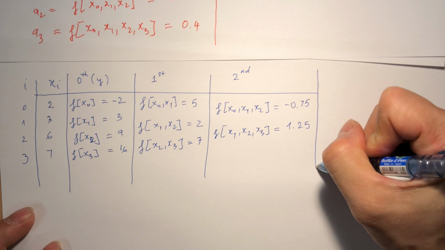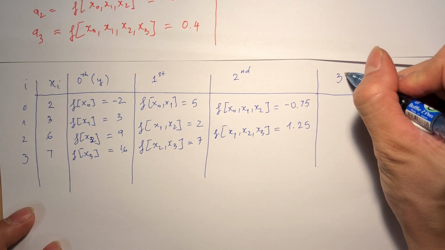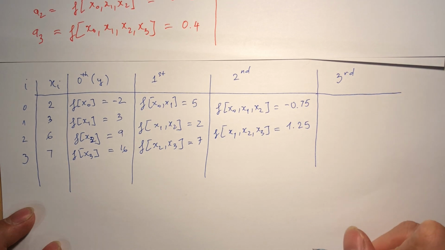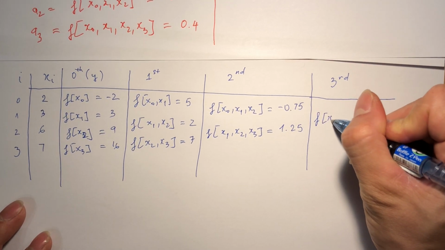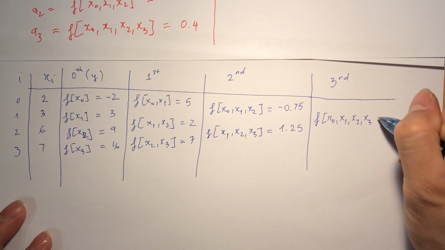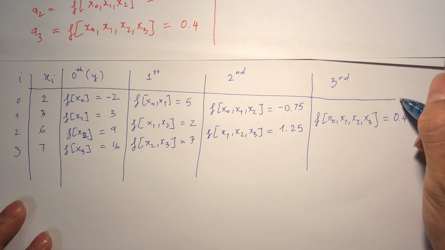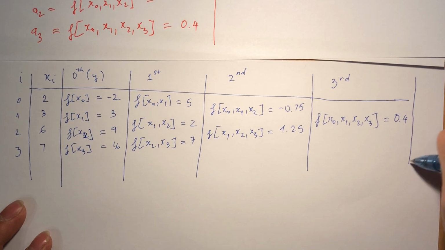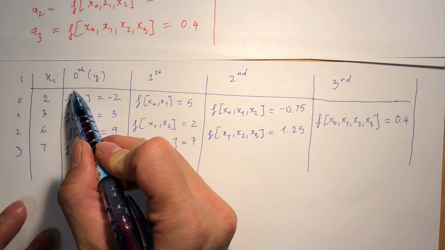And the third derivative, f[x0, x1, x2, x3] is 0.4. Right. So from here we can see that the diagonal is the coefficients we are looking for.